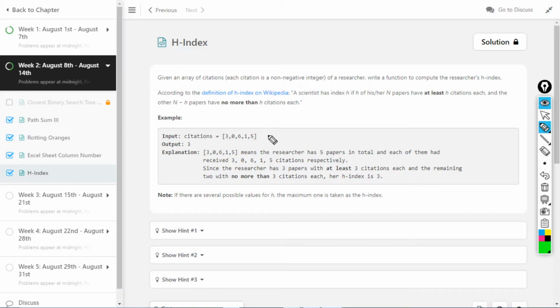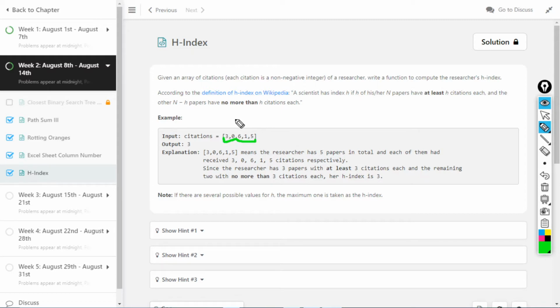This is the thing we have to find, the H index. We are given these credentials. For finding the H index we just have to satisfy one condition: the H index will be highest when no larger H is possible.